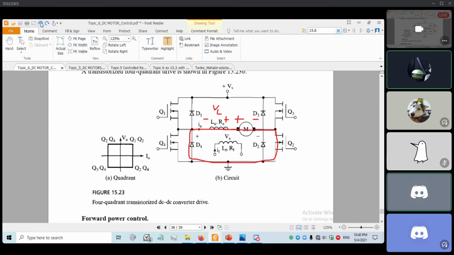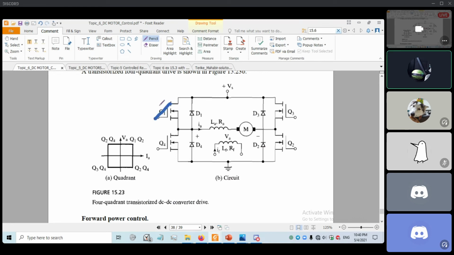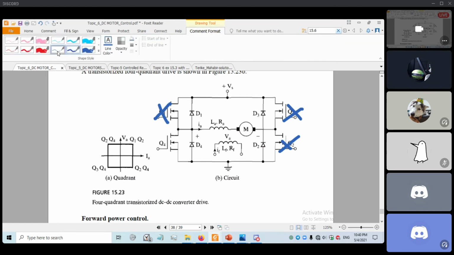That is forward power control. Then for regeneration now, Q1, Q2 and Q3 are turned off, and Q4 is turned on alone to give us this circuit.